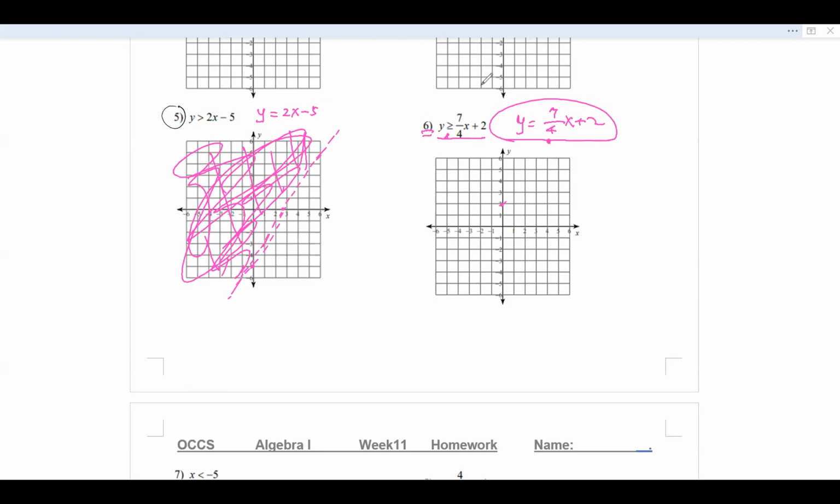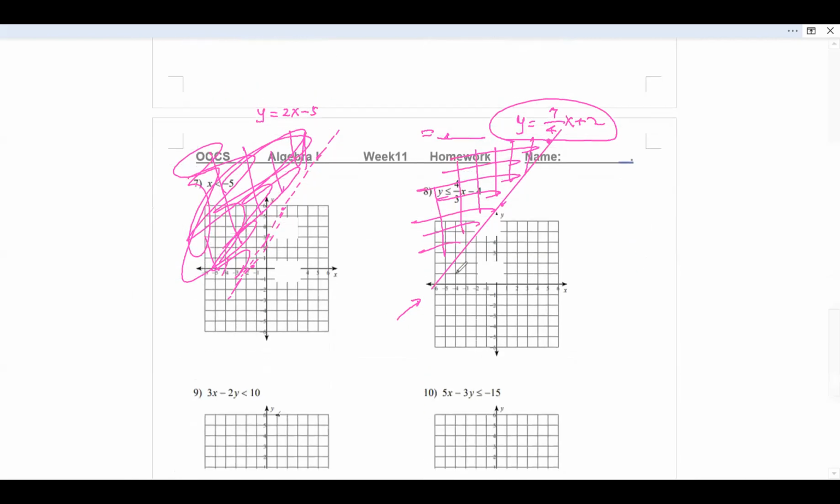So you need to use a solid line. So which part? This part or this part? Can anyone answer me? It's this part, right? Above. So here is a solid line. Careful, here is a solid line. So we can quickly draw this one.